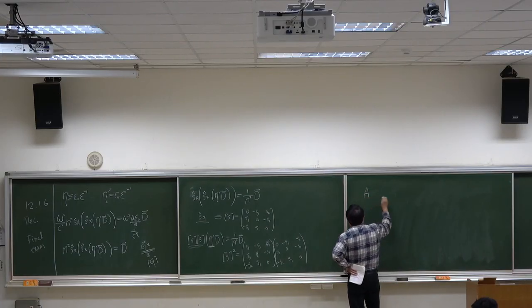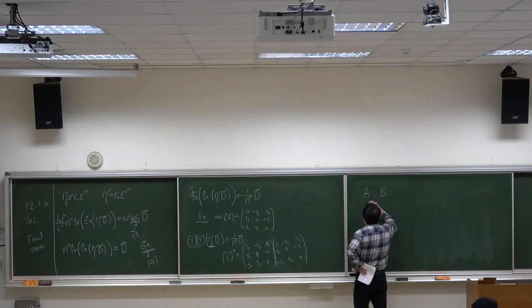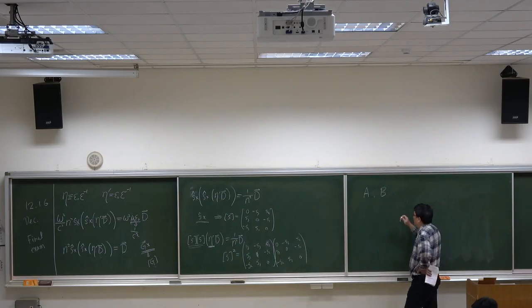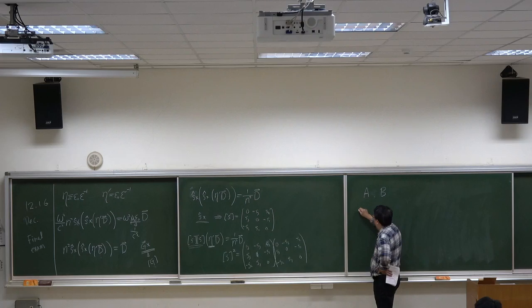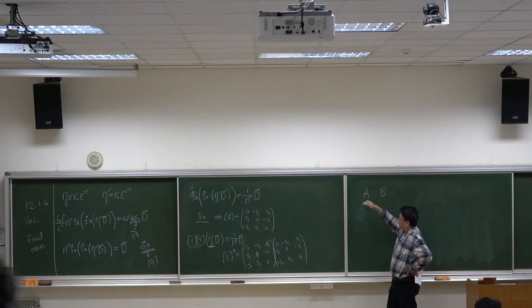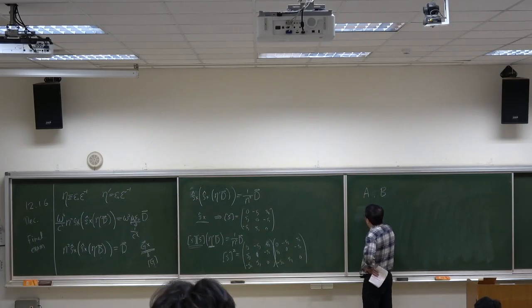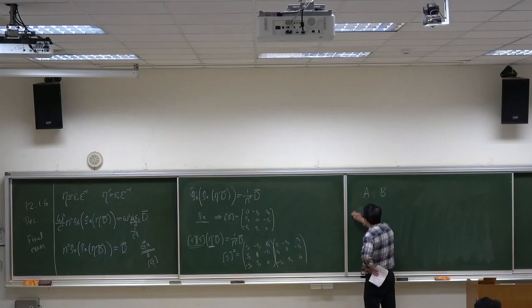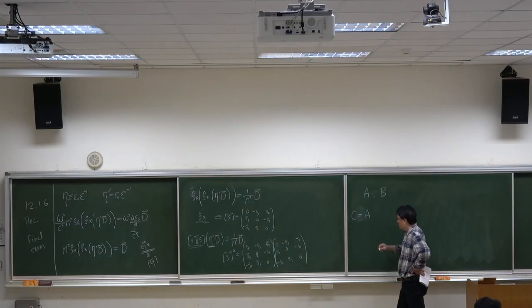Suppose we have two matrices A and B. A and B are two matrices, and suppose every eigenvalue of B is much smaller than any eigenvalue of A. Then if we need to consider a new matrix C is equal to A plus B.